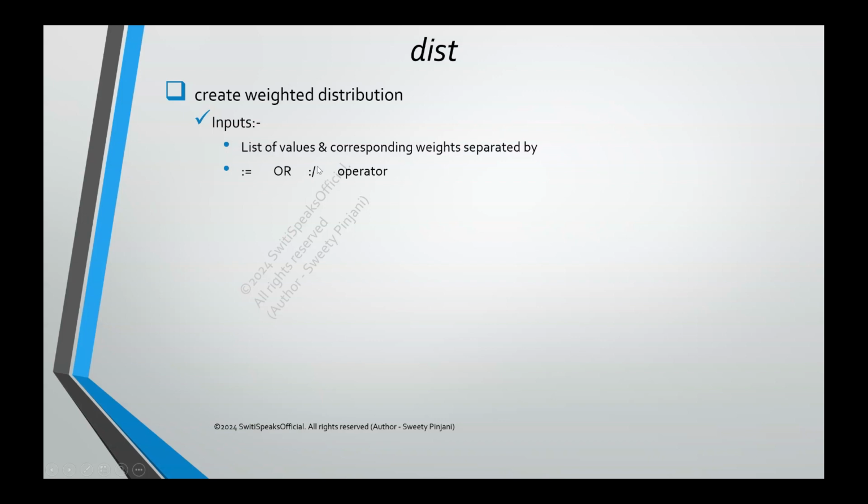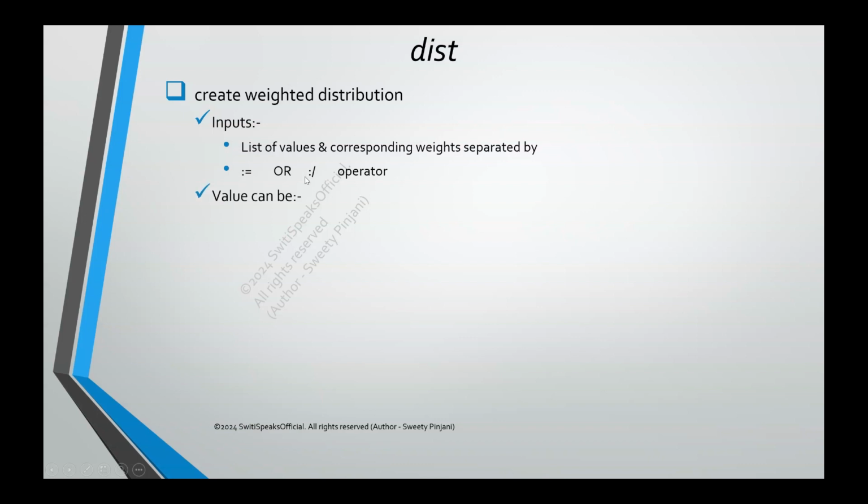These are the two operators. We'll see what the differences between these operators are, but for now remember, this operator takes a list of values and weights which are separated by either this operator or by this operator.